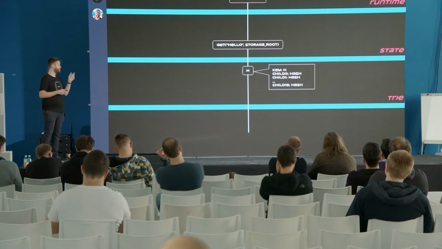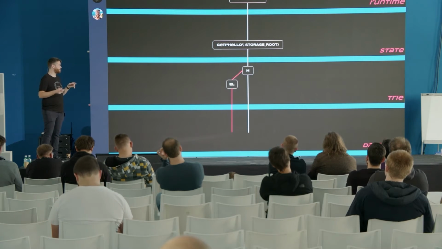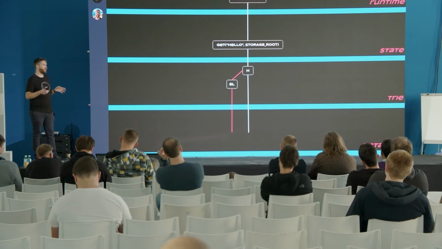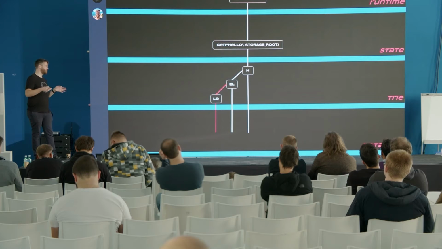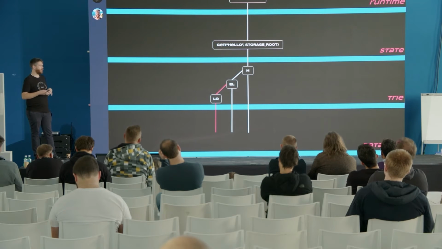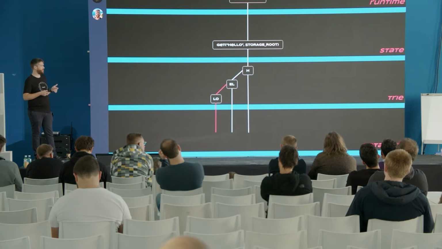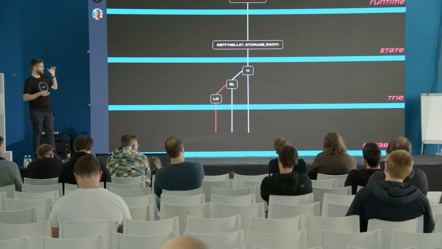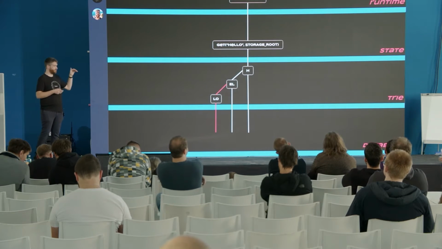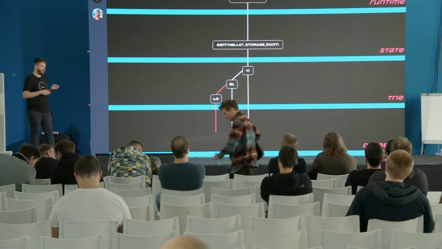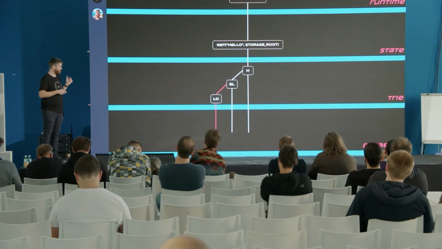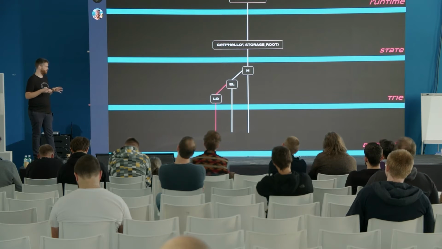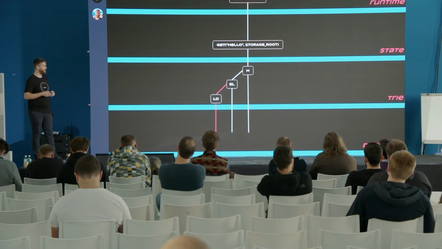Next, what's the next node? We get the hash, go to the database again, and get our next node, which contains EEL, then the next node, and LO. That's the way from the runtime to our state, to our Trie layer, getting the data from the database, and then we end up at our LO node with the value and push it back to the runtime. Then it gets back.